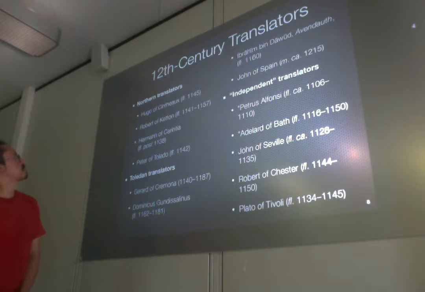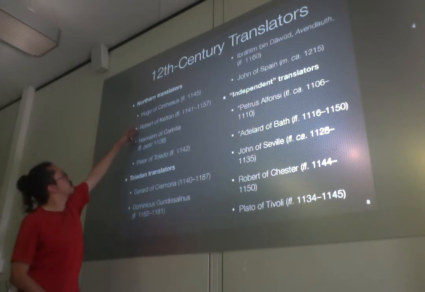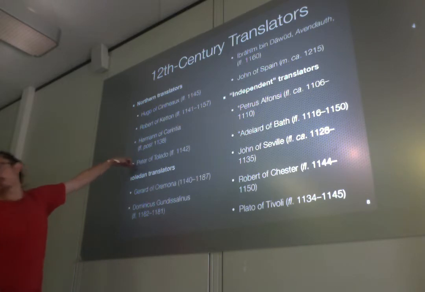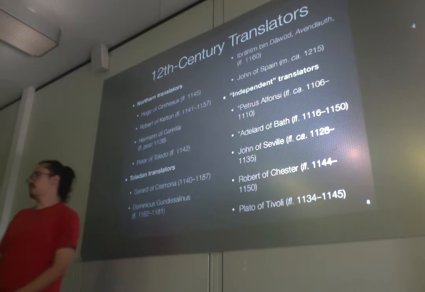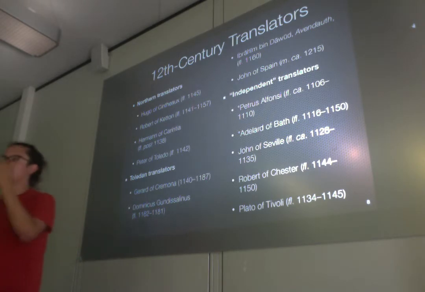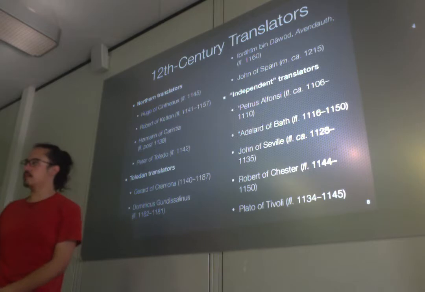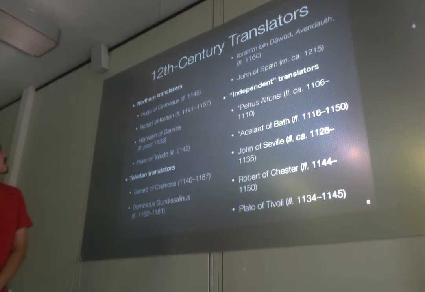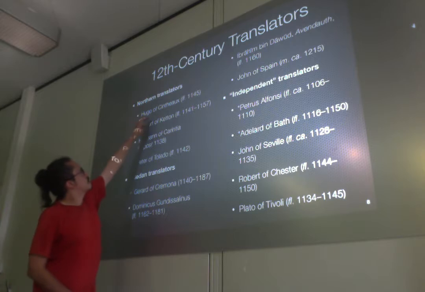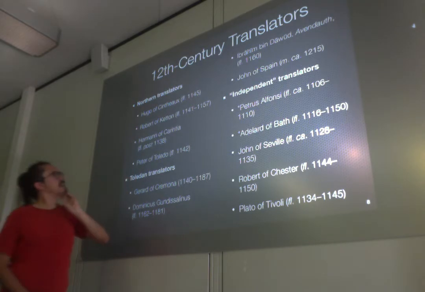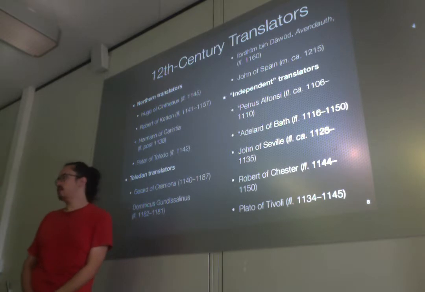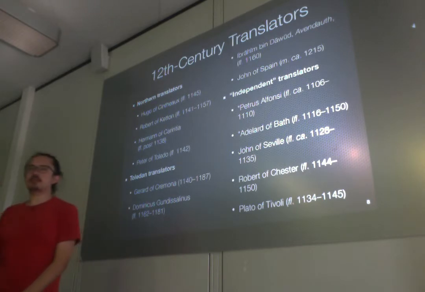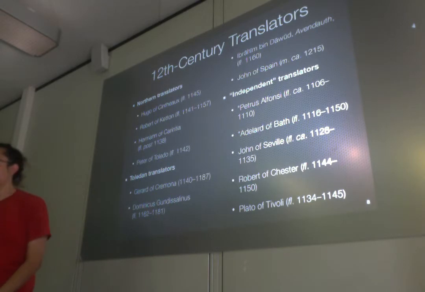Here's a list of the translators. These are the northern translators. Robert of Ketton, Herman of Carinthia, and Peter of Toledo were the translators who composed the Corpus Islamo-Latinum. We will see next what the Corpus Islamo-Latinum means. And Hugo of Santalla, as he has been called, or Hugo Santeliensis, I think.